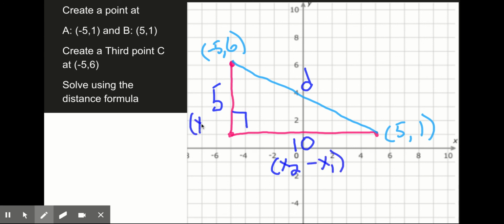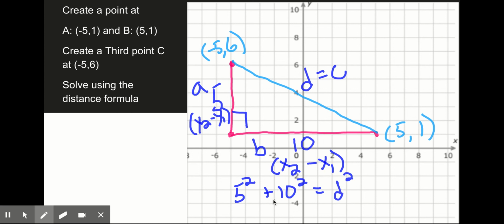This, your y2 minus y1. But they're also your a and your b, and your distance is also c, the hypotenuse. So I can say, 5 squared plus 10 squared equals, I'll call it the distance squared instead of c. 25 plus 100 equals d squared. d squared equals 125. Gotta take the root.